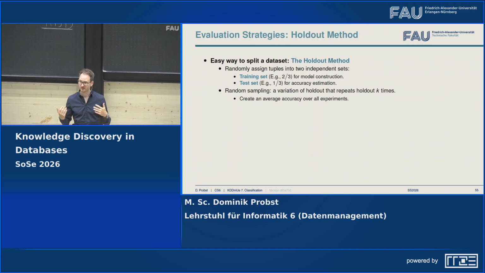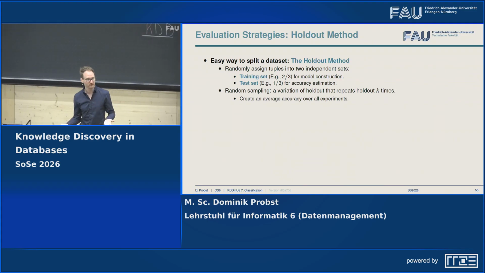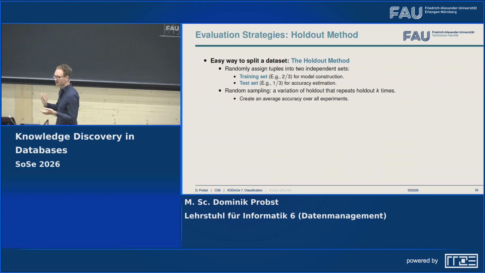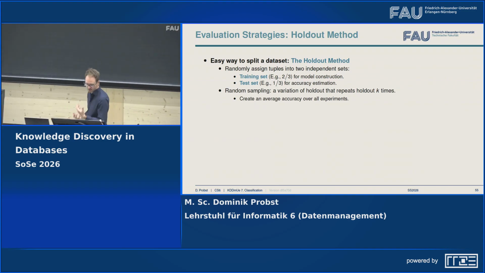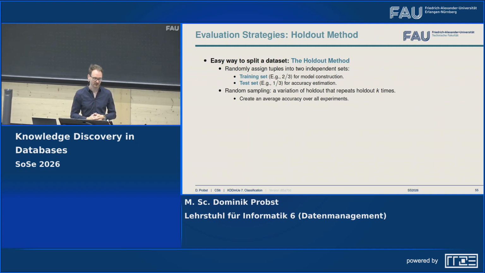If you are not sampling randomly and just use the first two thirds of tuples, you will never have an example of an iPhone 13 in your training sample. And that's something to avoid. You want to have a good mixed-through training set, and you will want to have a good mixed-through test set.